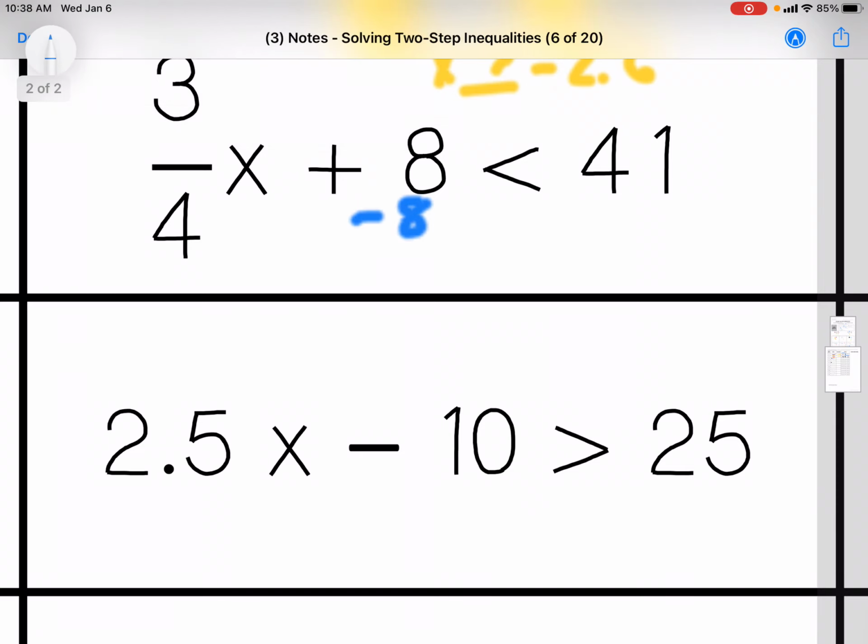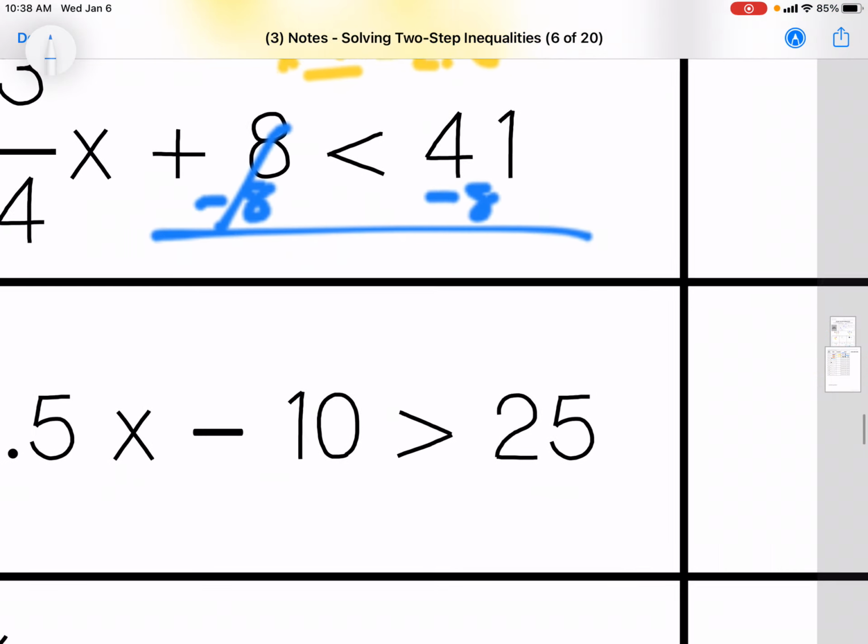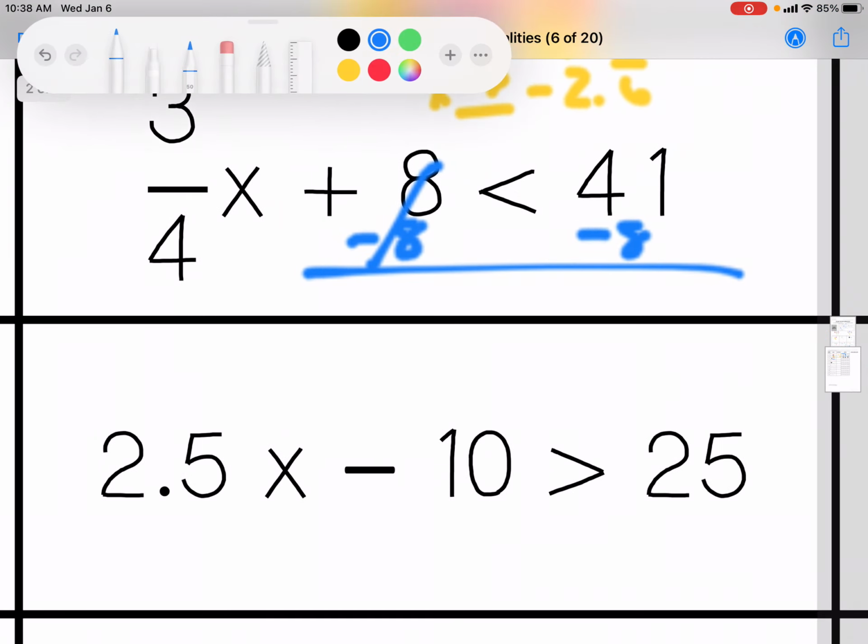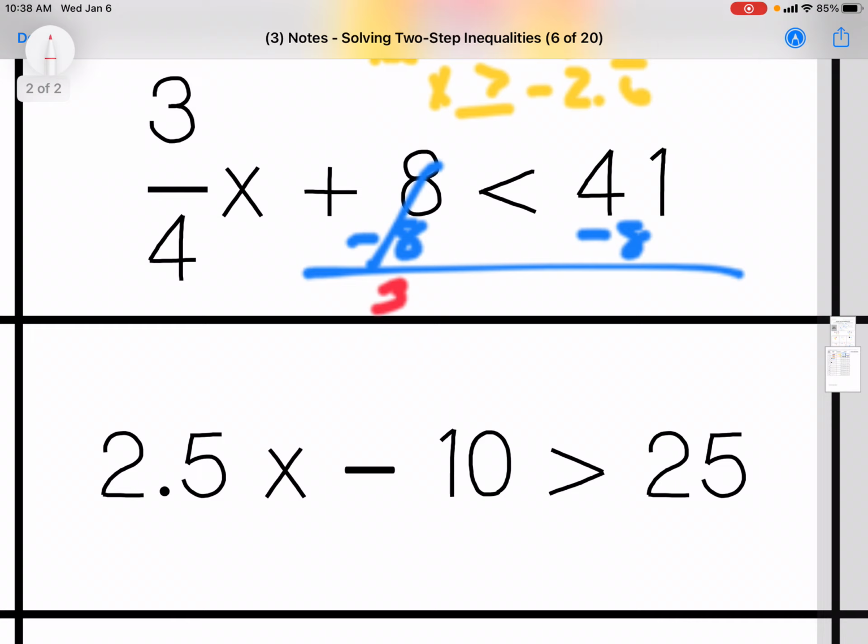Going to subtract by 8. Those go away. I'm left with 3/4 of x is less than 33. That is 3/4 times x. So guess what I need to do?